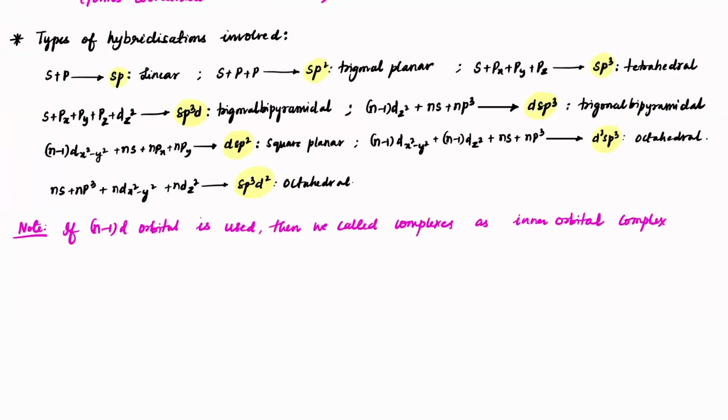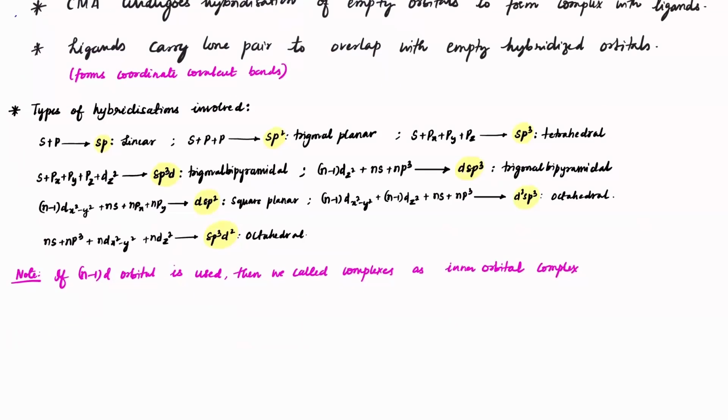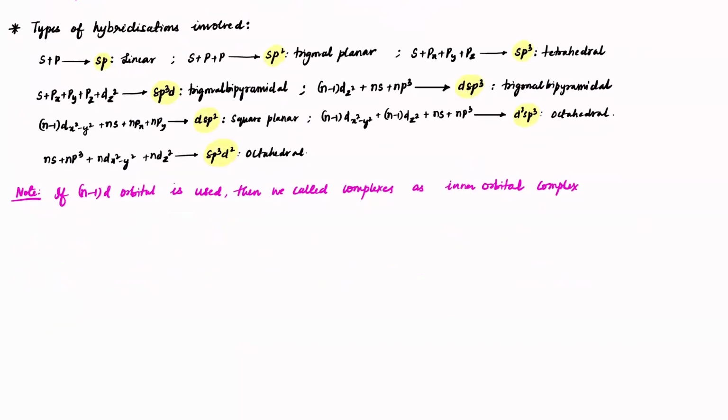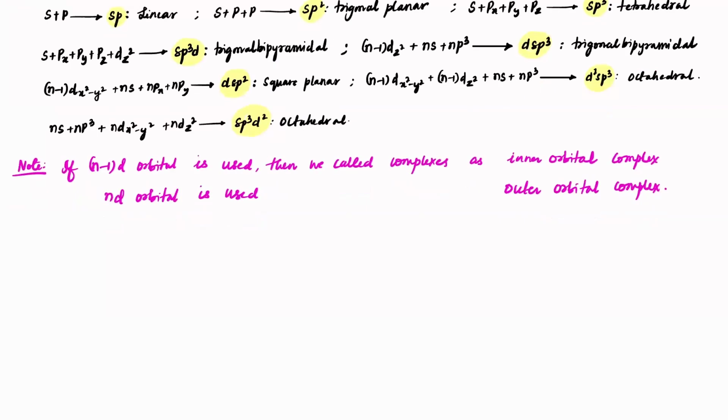For example, if a complex is formed using dsp3, dsp2, d2sp3, then we call all these three inner orbital complexes. And in case you are using the nd orbital only, then it is called an outer orbital complex. Inner and outer orbital complex. So please check this out and differentiate it.